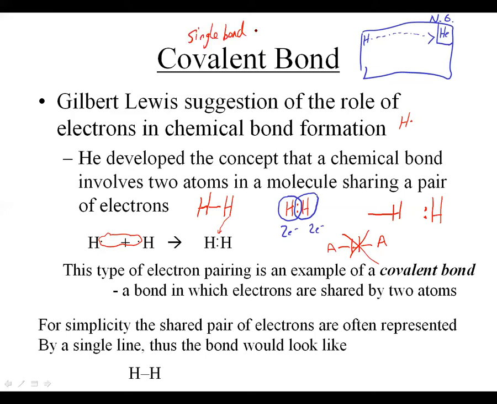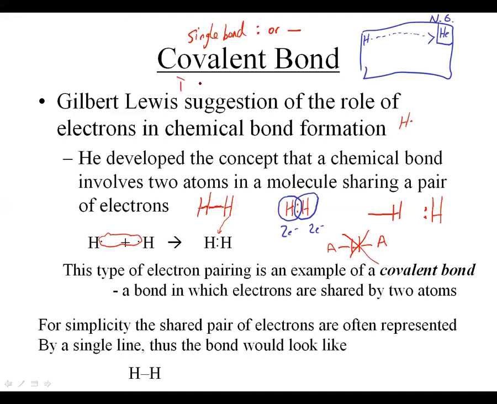Again, a single bond is represented by 2 dots, which is a pair of electrons, or you can represent it by 1 line. You can use the dots or you can use the lines. I personally will probably represent the bonding by using lines, but you could use dots if you wanted to, as we will see as well.